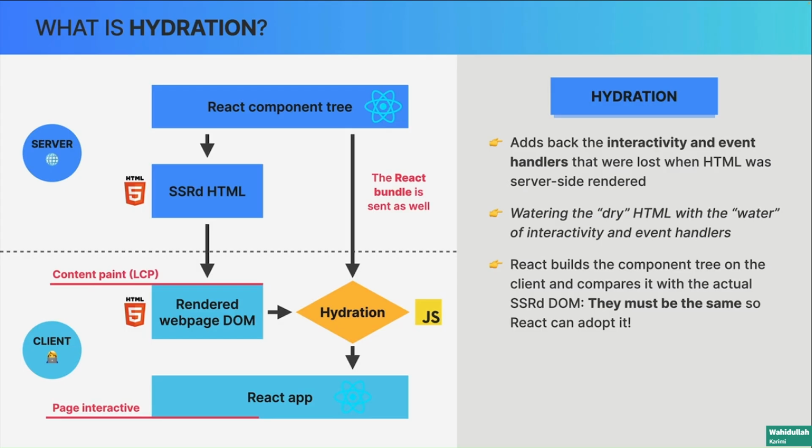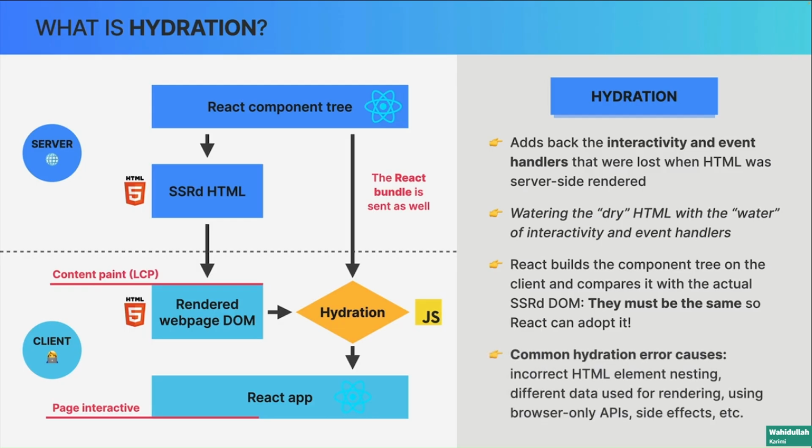So the most common cases for hydration errors include incorrect nesting of HTML elements, for example, like using a div inside a paragraph, rendering different data on the server and on the client, using APIs or variables that exist only in the browser, like window or local storage, incorrect use of side effects, and so on.